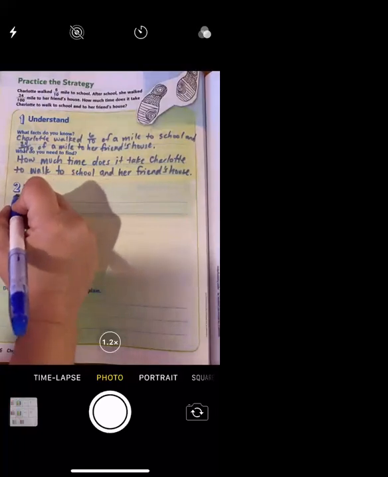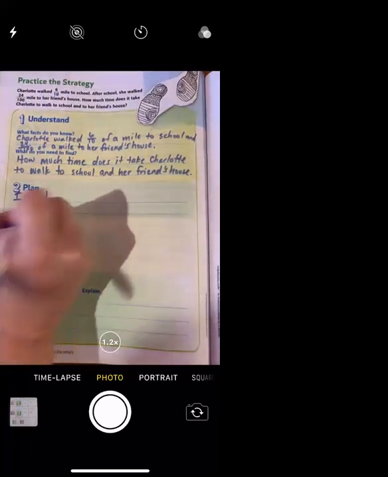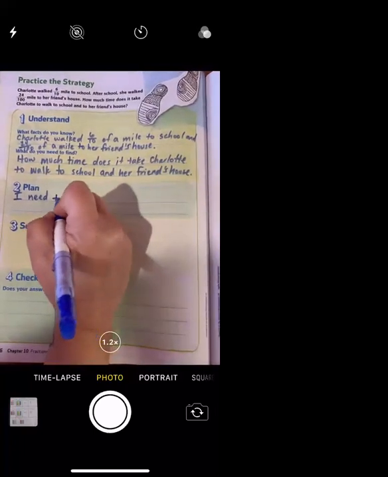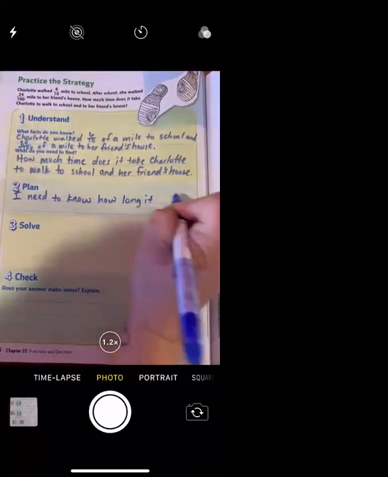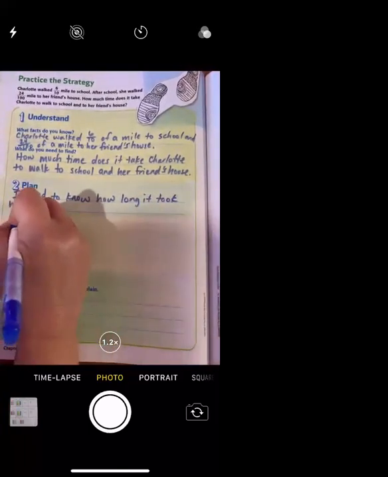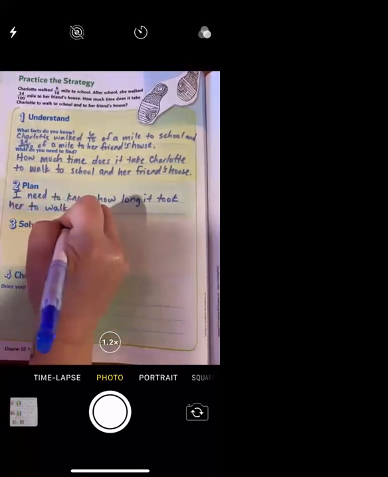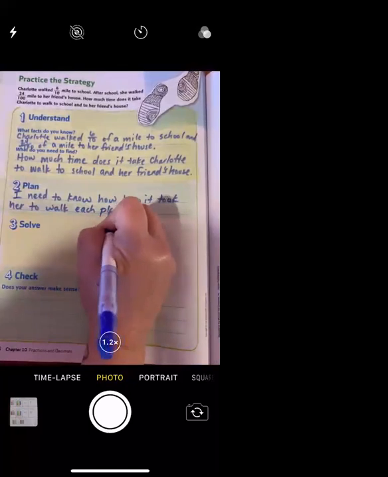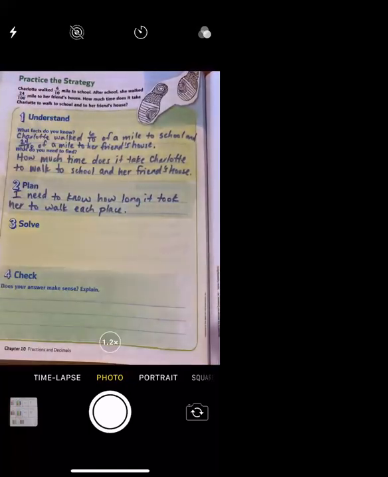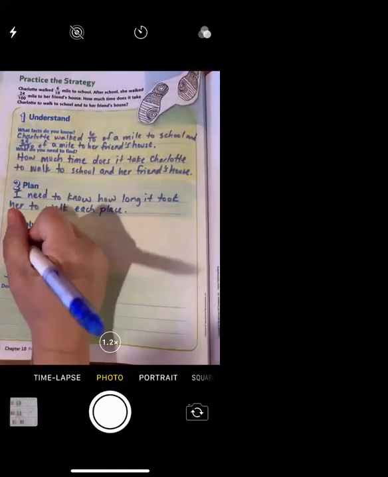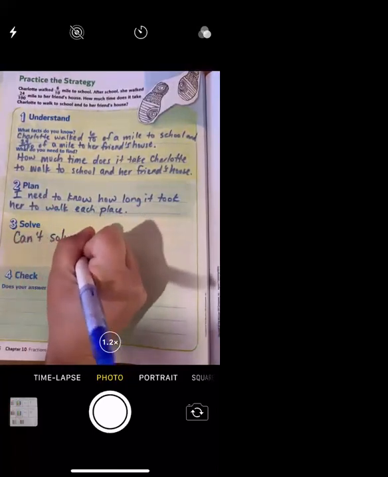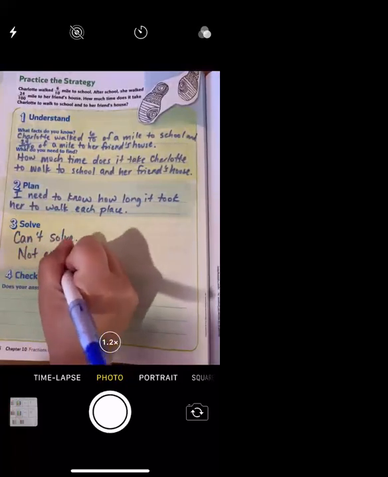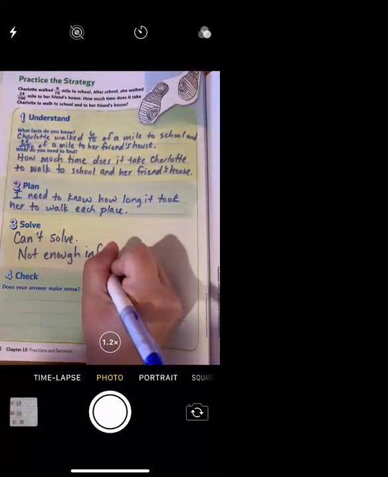So I need to know how long it took her to walk each place. Okay, not just the distance, because it didn't ask me the distance, it's asking how much time, and it didn't give me that information. And where it says solve, I can't solve. There's not enough information.